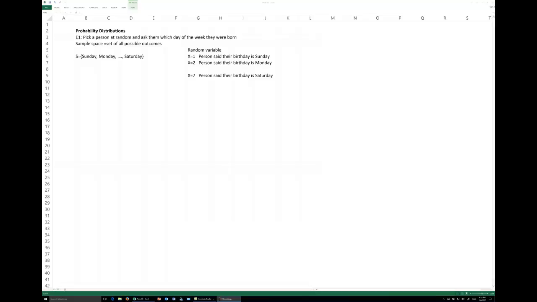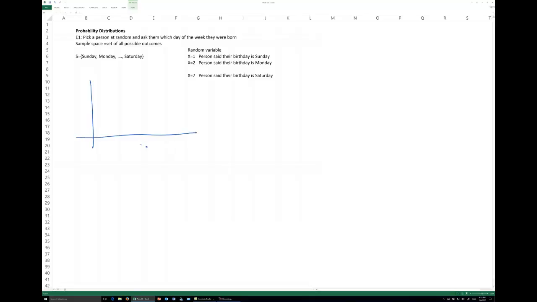So now the question arises, what is the likelihood that a person will say that their birthday is on Sunday or on Monday or on Saturday? Now, if we think about that pattern of uncertainty, one can represent that as a graph in the following manner.